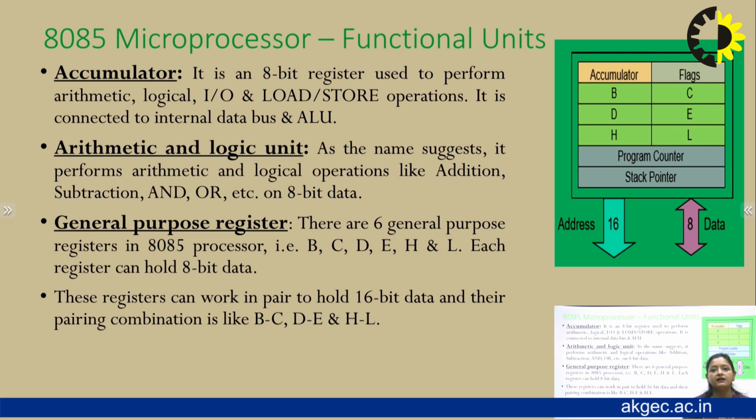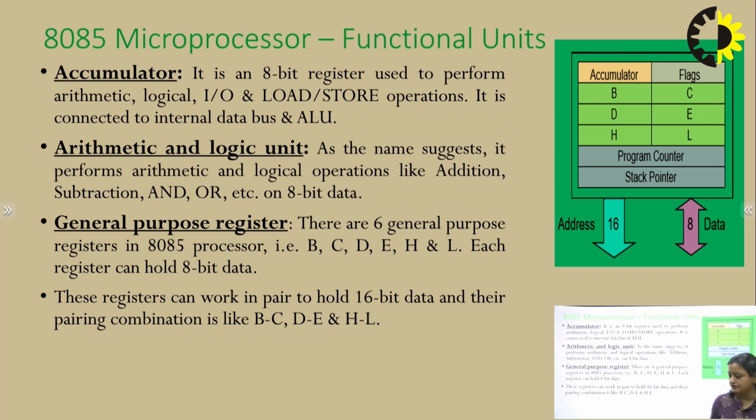But the pairing always happens like this. B is paired with C, D is paired with E and H is paired with L. Whenever we are using a register pair like BC, DE, HL, that becomes a 16-bit register pair. Otherwise, if we are using it individually, it is a separate individual 8-bit register.